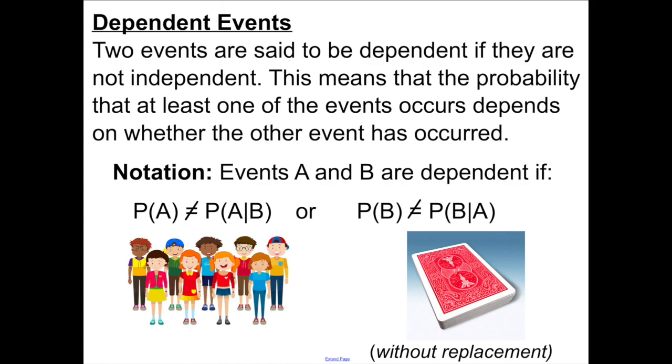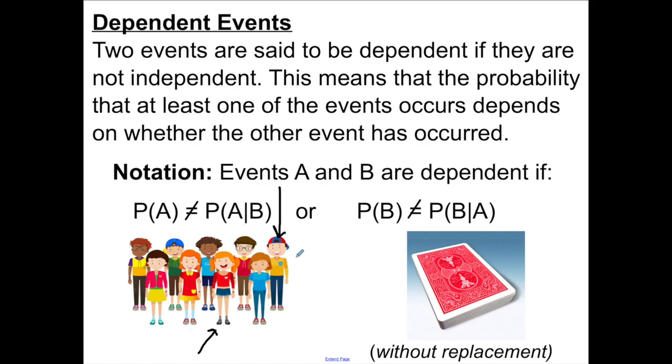So for example, let's say that I'm picking people randomly for teams. If I pick this guy at random, once he's gone, the probability that I'm going to pick her randomly has now been affected. It's not the same as if I had taken him out and then put him back in.